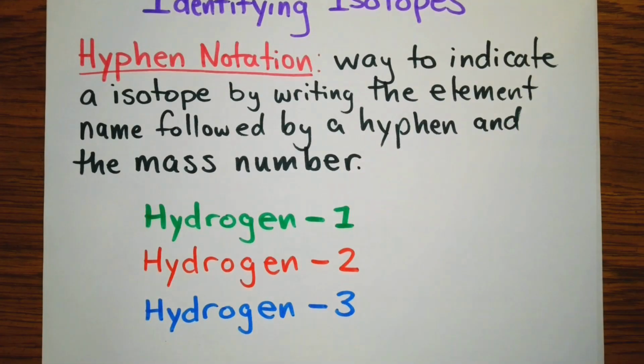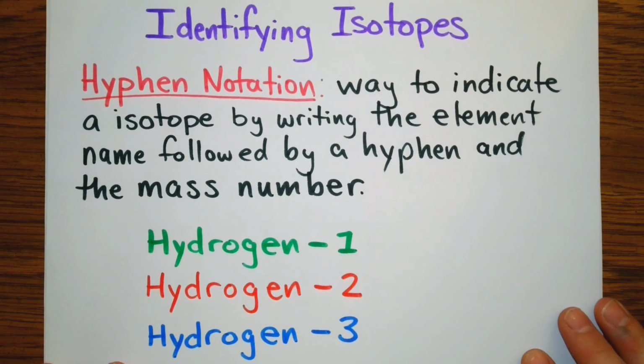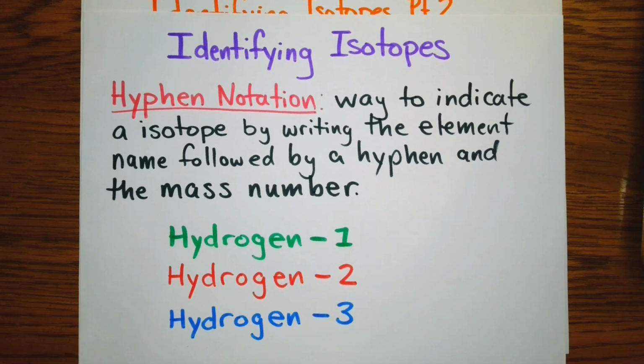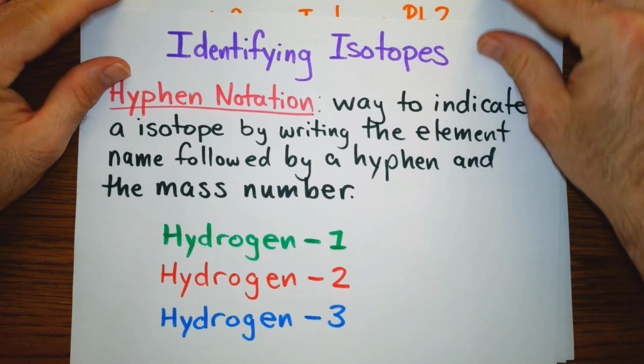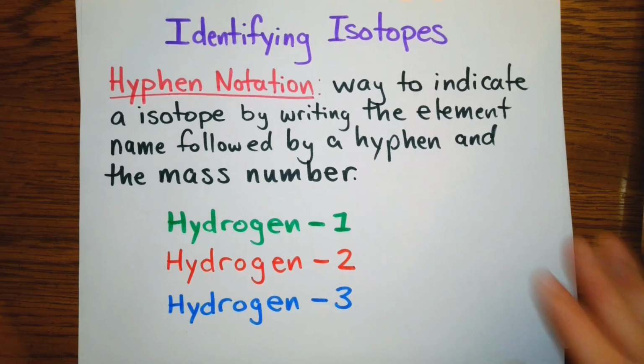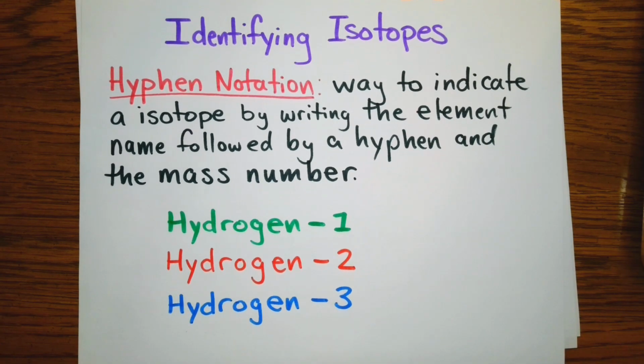Okay, so we have different ways to write isotopes. The first one is going to be called the hyphen notation. This one is pretty easy to understand. The way to indicate an isotope is by writing the element name followed by a hyphen and the mass number.